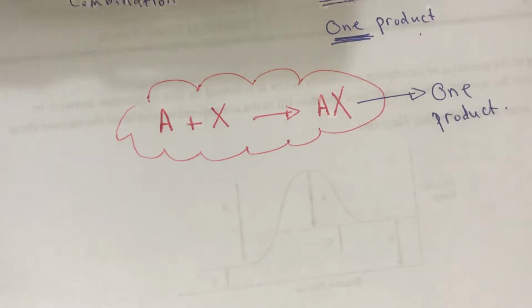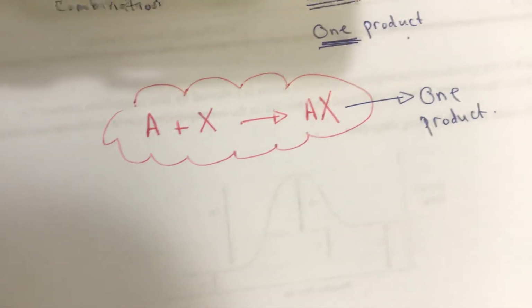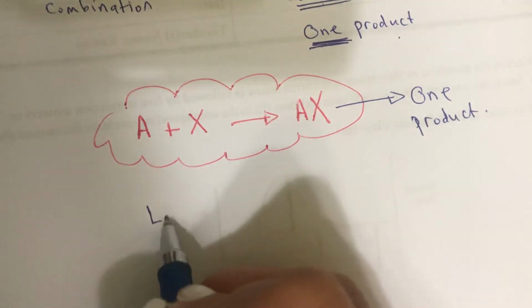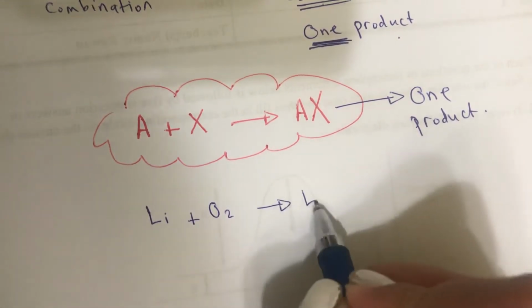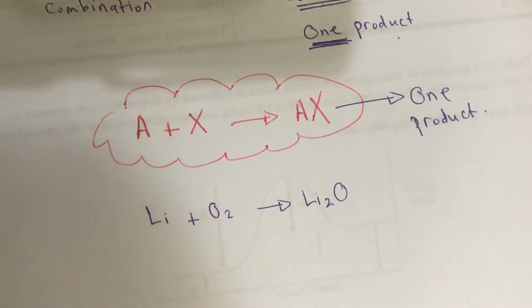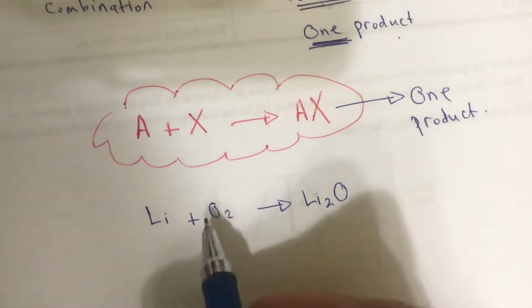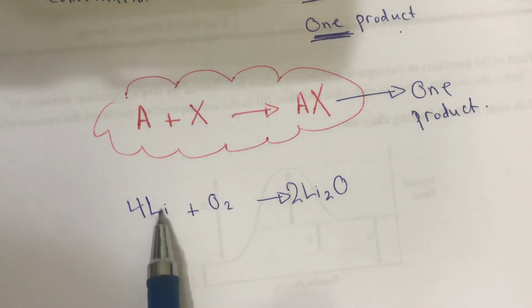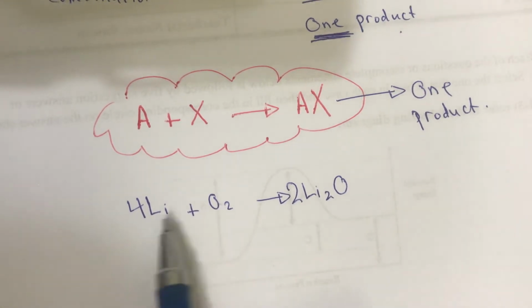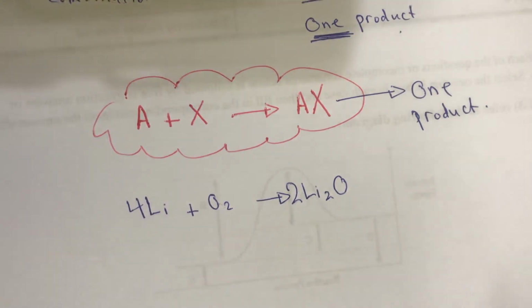An example of synthesis reactions: lithium reacts with oxygen to produce lithium oxide. And here you have to balance the equation. So 2 substances combined with each other to form one product.